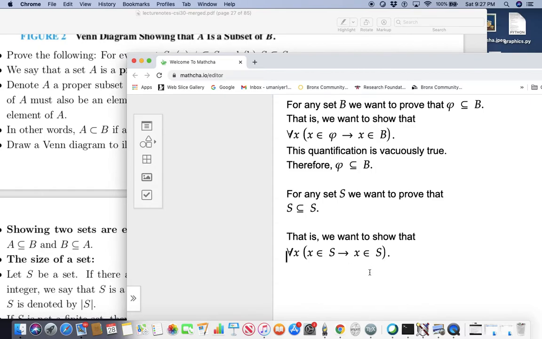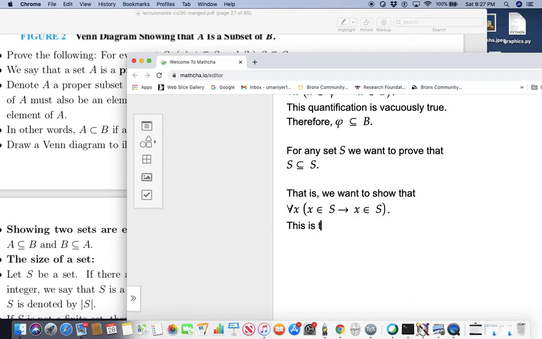Every element of S is in S. Tautology means true for every x. Or you can say, I don't want to use the word tautology, this is true. That's a correct way of putting it. For every x, if x is in S, then x is in S. Therefore, S is a subset of S.